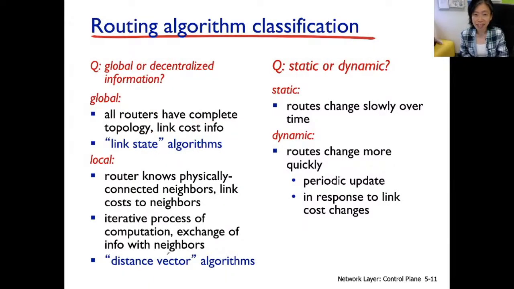On the contrary, in distance vector, routers no longer require global information. The routers also do not do one-pass route computation. Rather, the router only needs local information. Namely, a router only needs to know how it's physically connected to the immediate neighboring routers and the link cost to the neighboring routers.